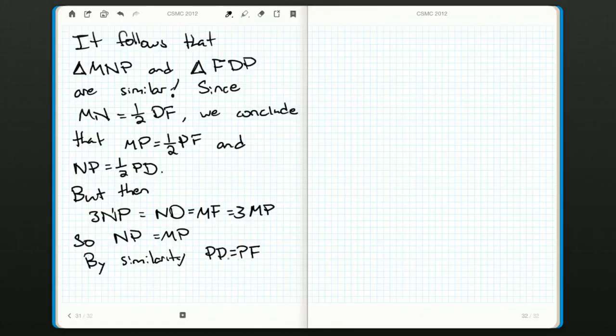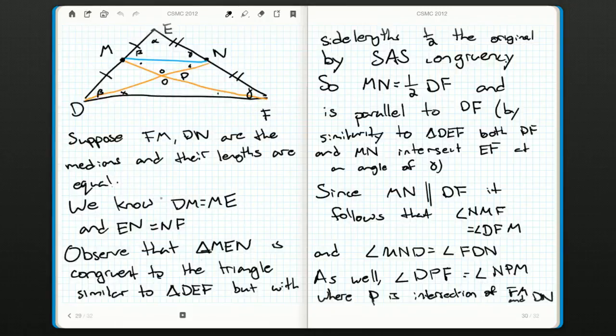Because DPF was congruent to NPM. So if I'm going to work this out, I need to take a look at my picture again. That's that, and that.